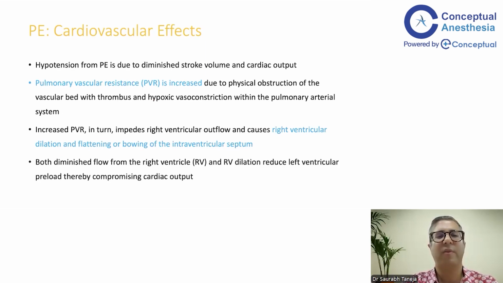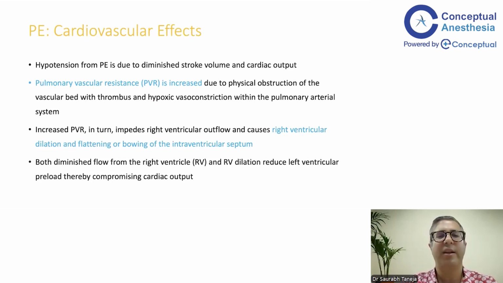Then the cardiovascular effects. So hypotension usually is because of diminished stroke volume and cardiac output. Pulmonary vascular resistance is increased due to physical obstruction and hypoxic vasoconstriction, and the increased PVR leads to impediment of right ventricular outflow and right ventricular dilatation. So all the findings that you find on the echocardiograph are because of this.